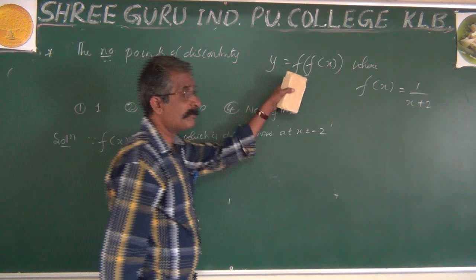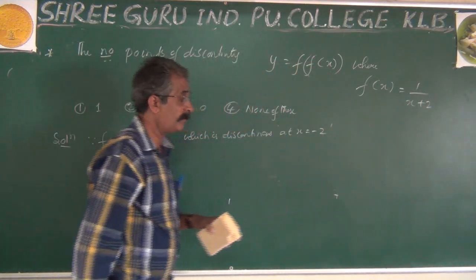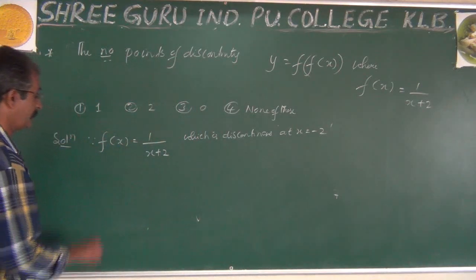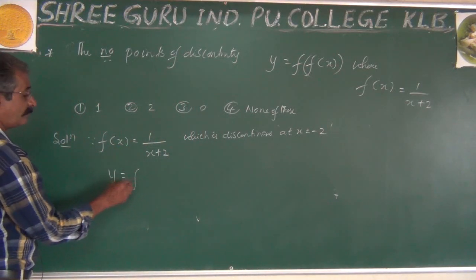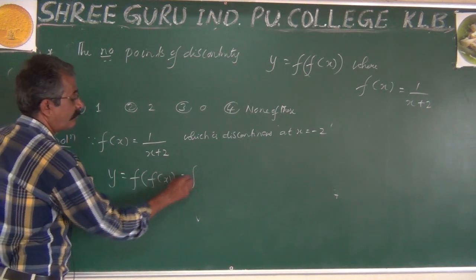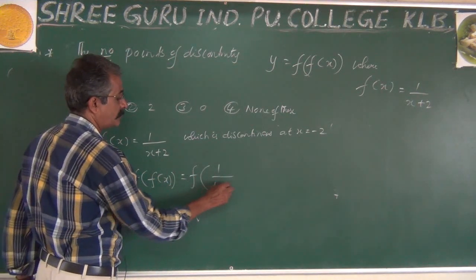Because y is f of f(x), one of the points of discontinuity is minus 2. So let's estimate f of f(x). So y equal to f of f(x) means f of 1 by x plus 2.